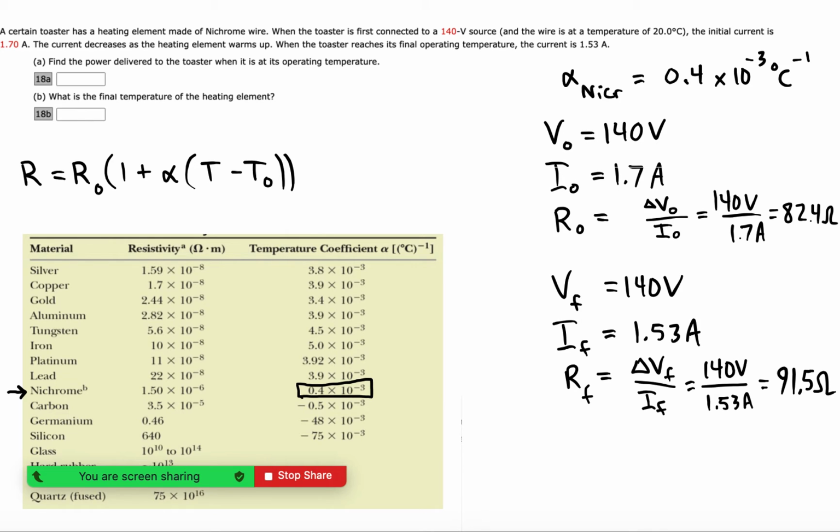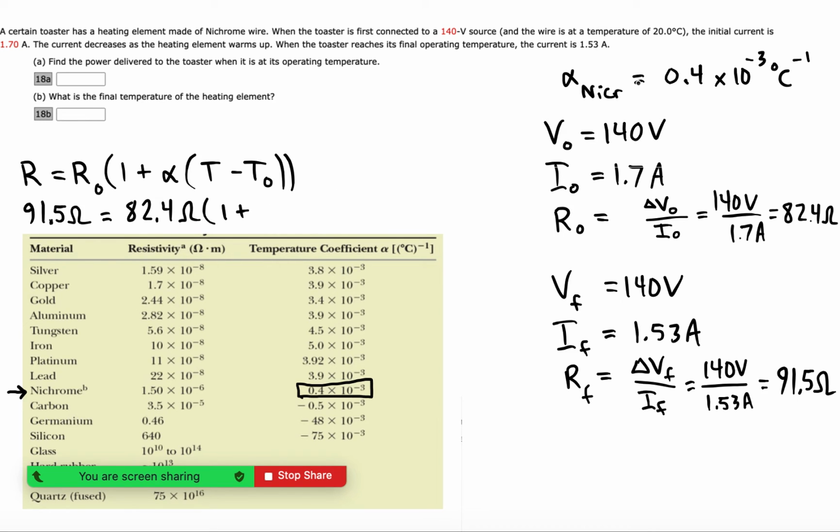Right? Now we should be able to plug in everything we have into the formula, and then that should allow us to solve for that final temperature. Let's try plugging in. 91.5 ohms is the final resistance, so it goes on the left. The initial resistance of 82.4 goes in for R sub 0.